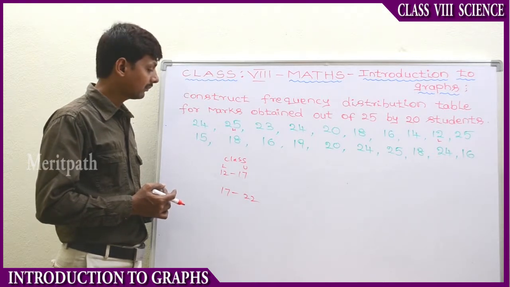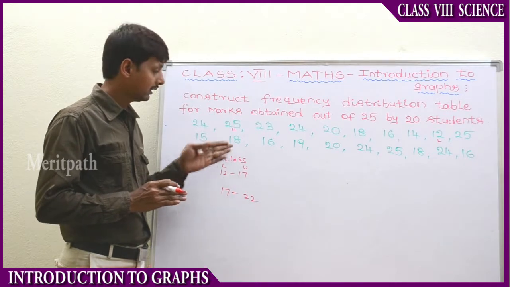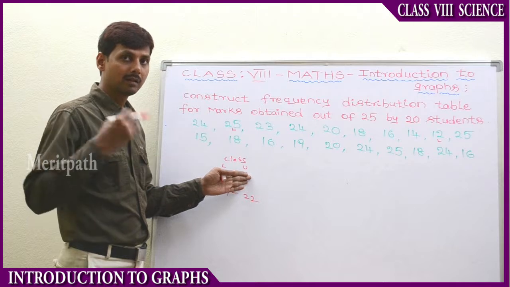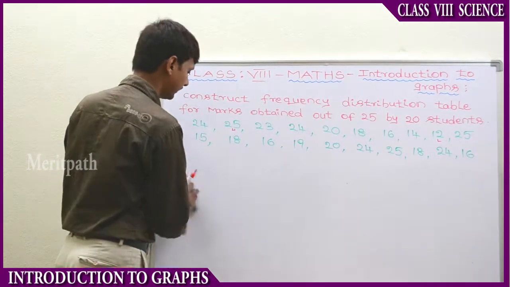So we take the group first, the class interval, and then we find out boundaries and class limits. Find out the class first.